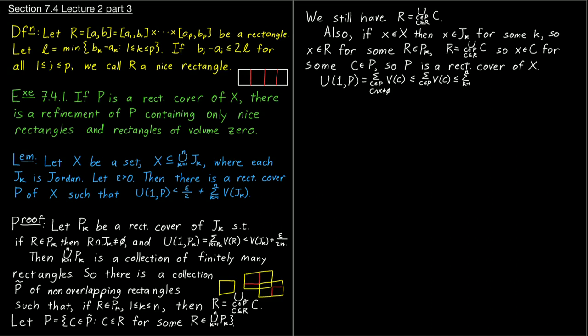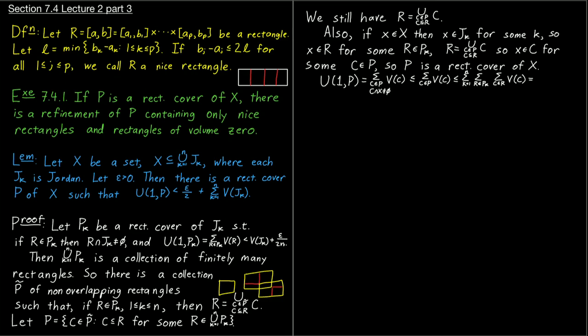So this is less than or equal to the sum from k equals 1 to n, sum over R in PK, and then sum over C in R of the volume of C. We might be double counting, which is why this is an inequality. C might be in more than one of the R's, but it's in at least one of the R's, so we can't be missing anything.